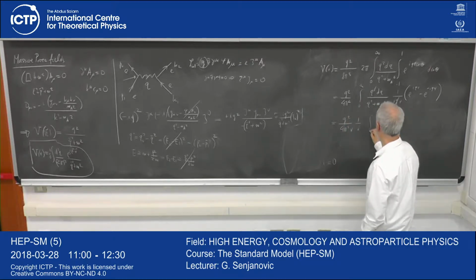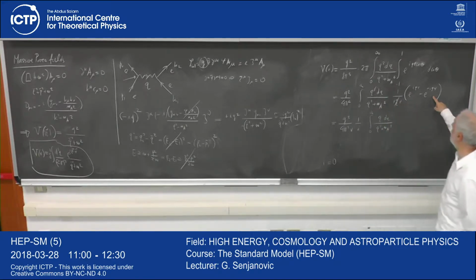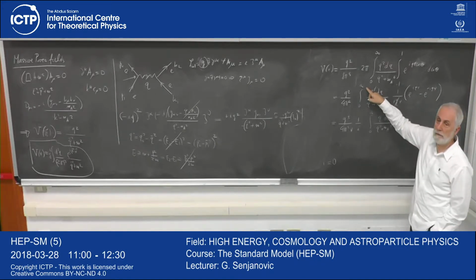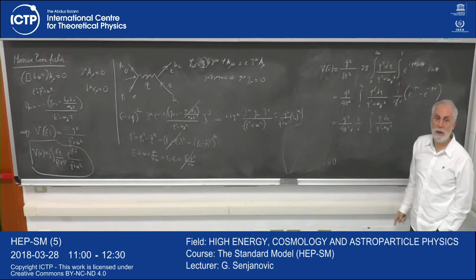Then I have the integral from 0 to infinity, q dq over q squared plus ma squared. Now notice this integral. I can change the sign here. I can let q go into minus q, so the integral becomes from 0 to minus infinity, but that's opposite to minus infinity to 0.